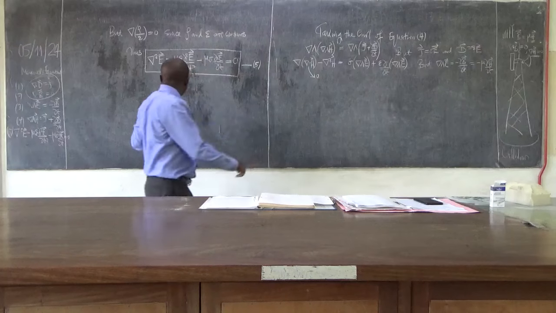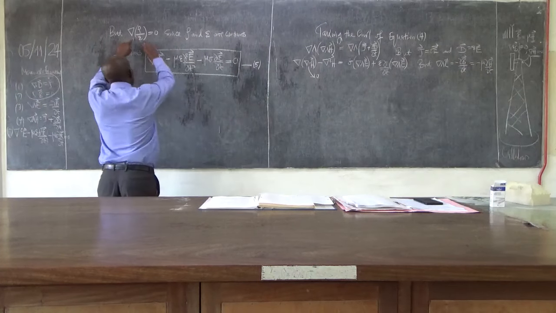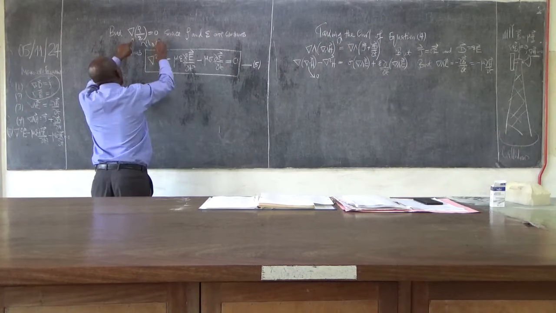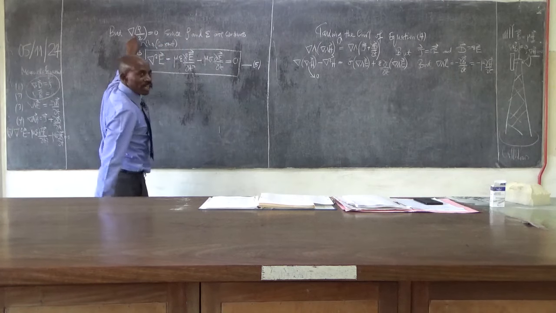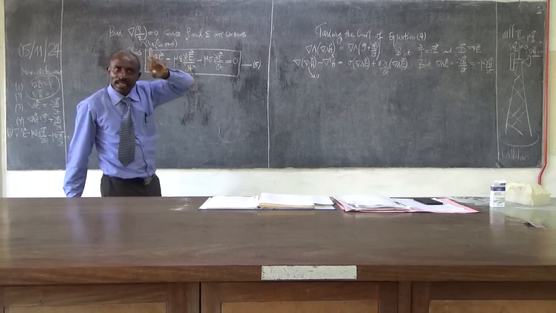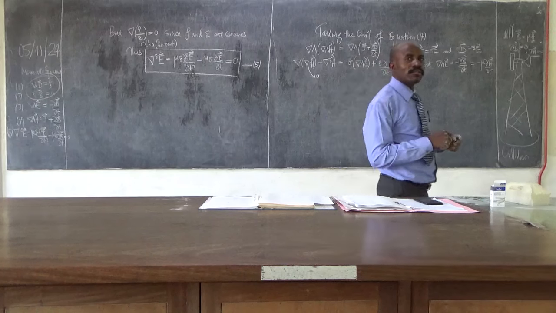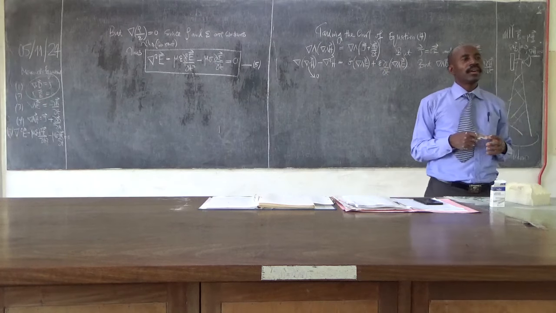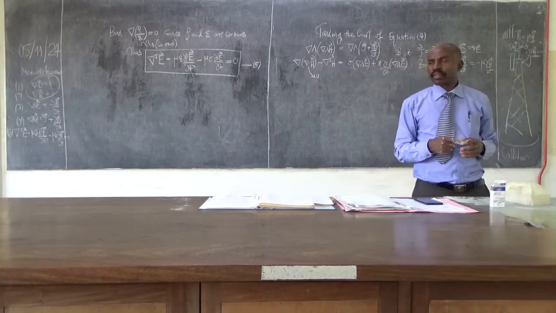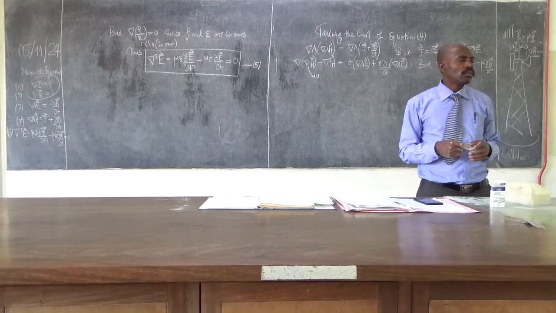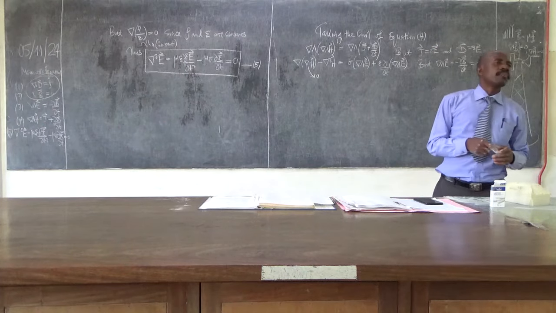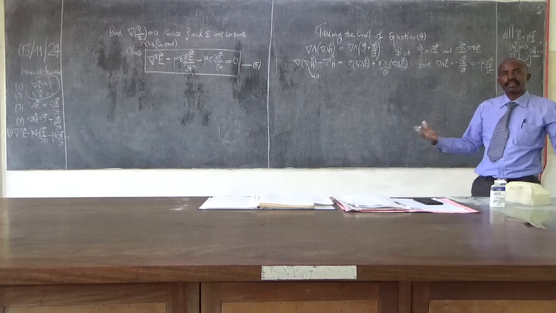The other one is equal to 0 because you are differentiating a constant: the divergence of E is replaced with rho over epsilon, which is now a constant, and you cannot differentiate a constant.